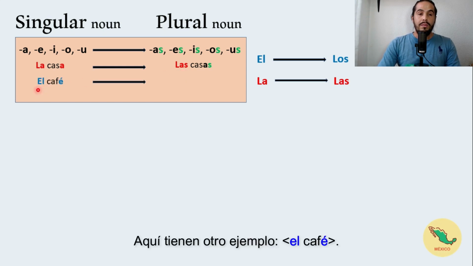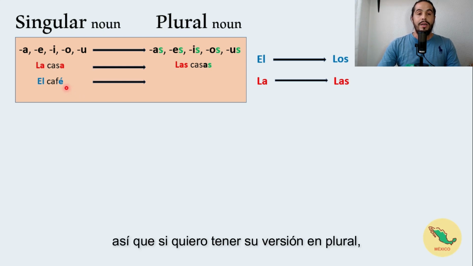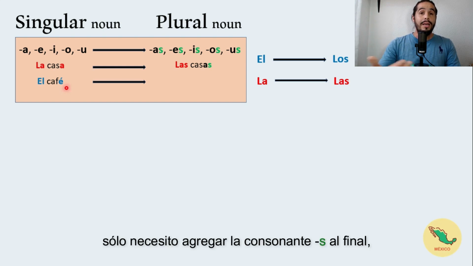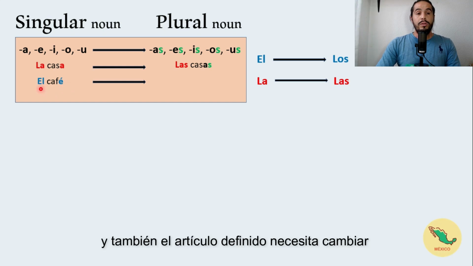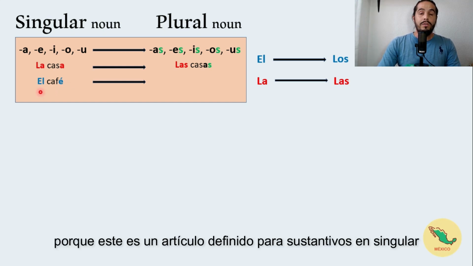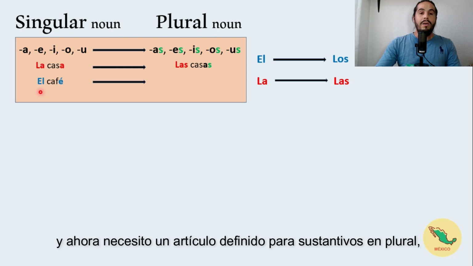Here you have another example, el café. This noun is a masculine noun. It ends with the vowel e. So if I want to have its plural version, I only need to add the consonant s at the end. And also the definite article needs to change, because this is a definite article for singular noun. And now I need a definite article for plural nouns.